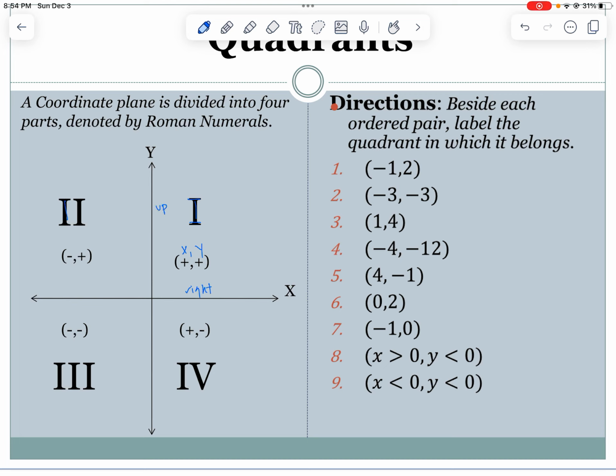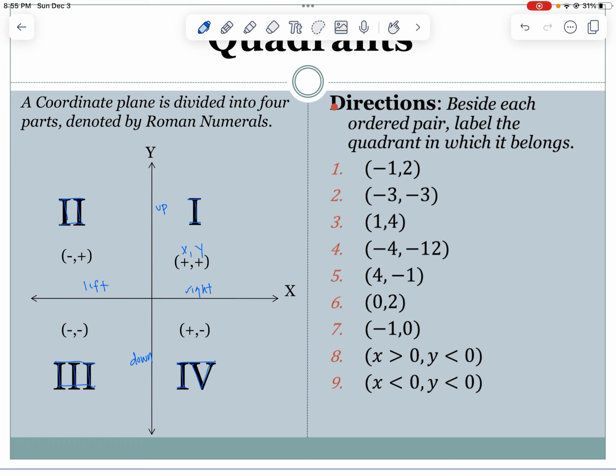In quadrant 2, working counterclockwise, the x values are negative, so I'm first going left, and then I'm going up. Quadrant 3 is down here in the lower left, and it's where I'm going both left and then down to locate that point. And then in quadrant 4, down here in the lower right, I am going to the right and then down, x and then y.